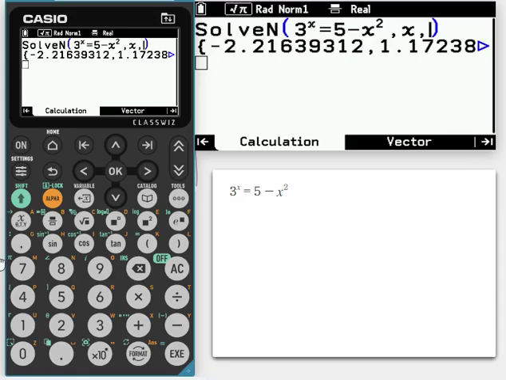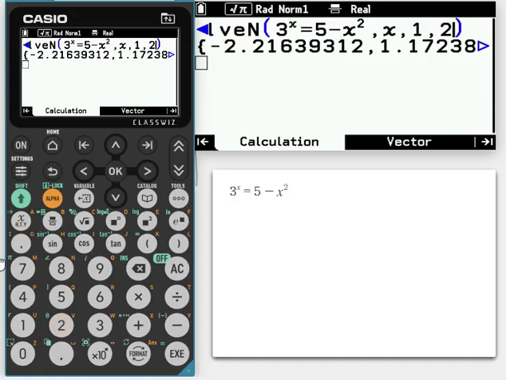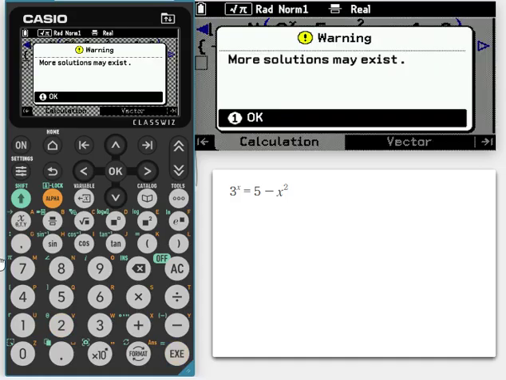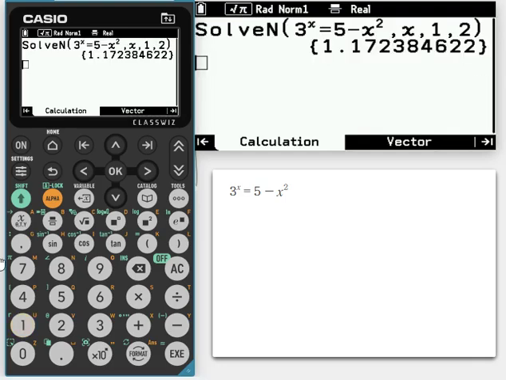So let's say you want the answers between 1 and 2, so you enter commas between them and you press EXE, and it tells you more solutions may exist, but then it gives you only the answer that is between 1 and 2.